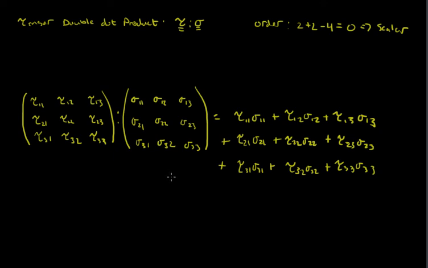So the double dot product is pretty easy. It's a little time consuming to write out all those additions, but this is just a scalar. This is not in a matrix. This is just this term plus this term plus this term plus this term. But I find that if you write it in this quasi matrix form, it makes it easier to see the relationship of how you're going from this double dot product to this.